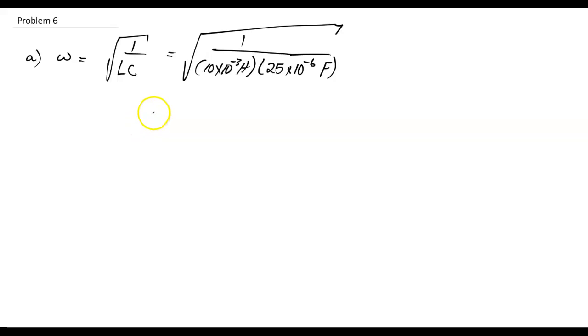So this gives us about 2.0 times 10 to the third radians per second.